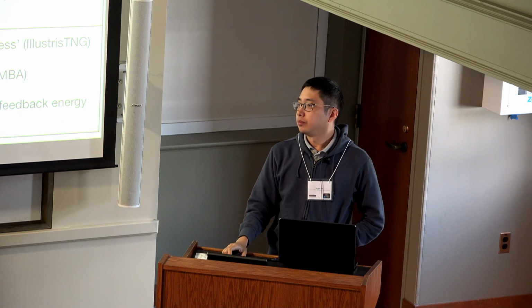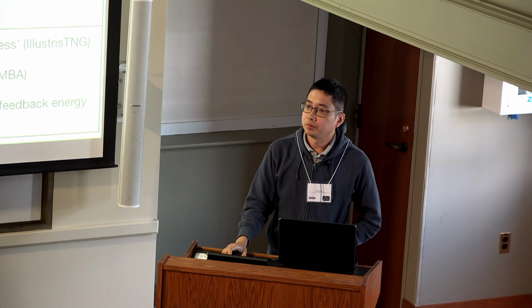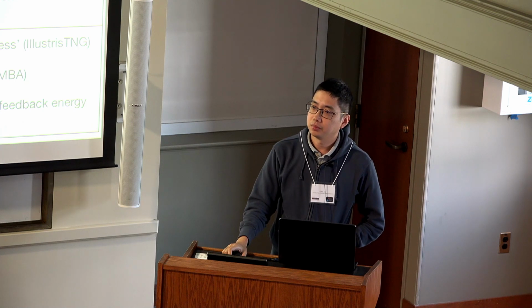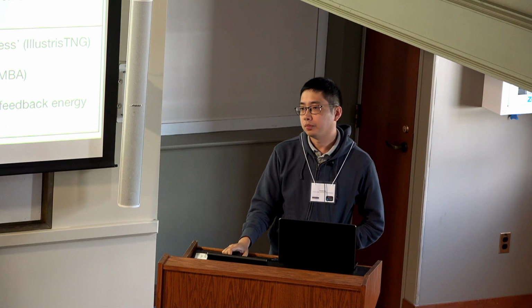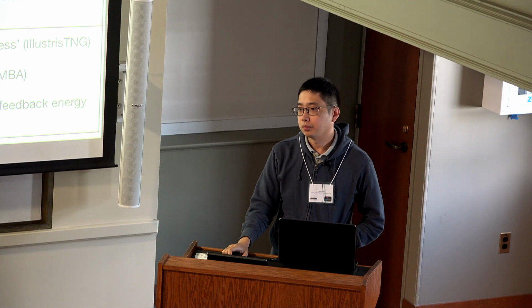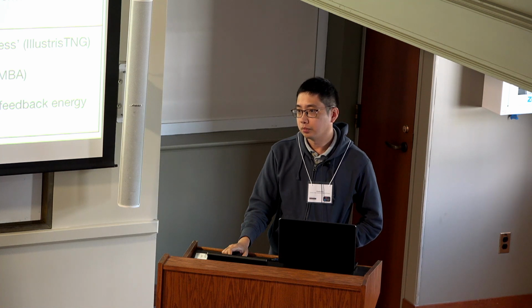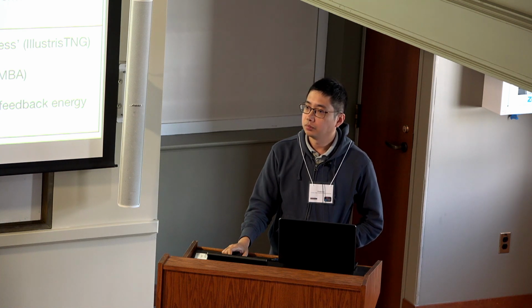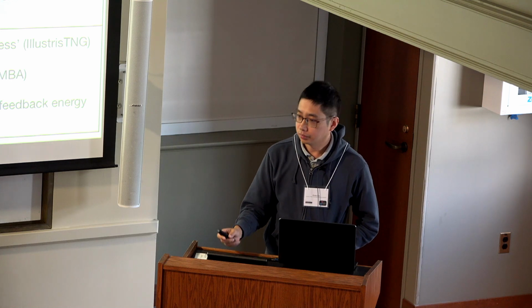Maybe one more question. You show a lot of plots with a lot of lines on there where the different simulations are distinguished by different underlying physical treatments of AGN and star formation feedback. From where I'm viewing this talk, I don't know the underlying physics or how each of these things was parameterized. So I'm wondering whether it's possible in this form of analysis to correlate the outcomes not with the labels for different simulations, but with the total energy input from AGN, something that's physically measured about the simulation.